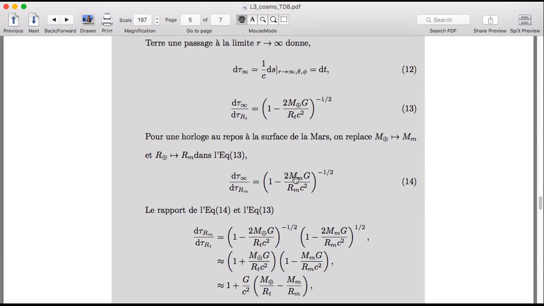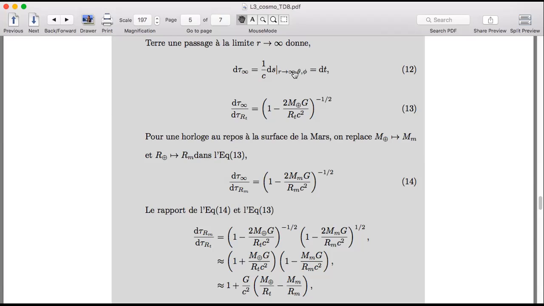And of course, we don't really care about clocks at infinity. We care about clocks on Earth and on Mars. And so we want to now take the ratio of these two and assume that d tau infinity, whether it's infinity around Mars or infinity around Earth, is the same.